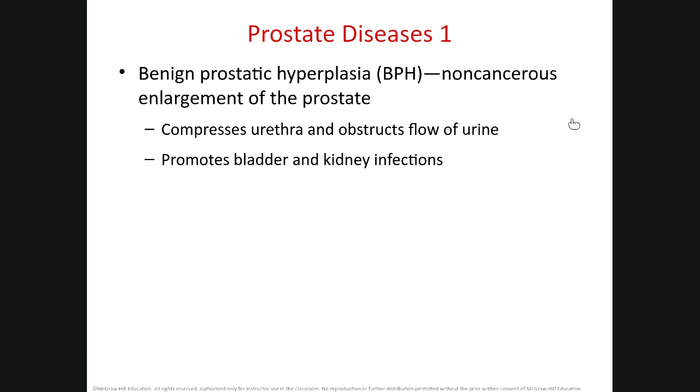Another procedure here is done by the urologist. By the way, the two specialists involved in the male reproductive could be the urologist, especially in this procedure where the urologist will perform a TURP. TURP means transurethral resection of the prostate.